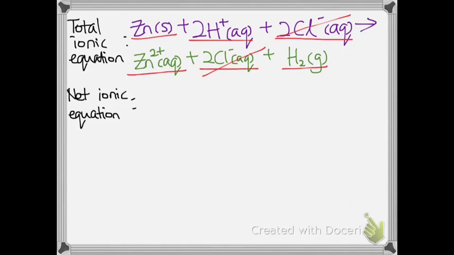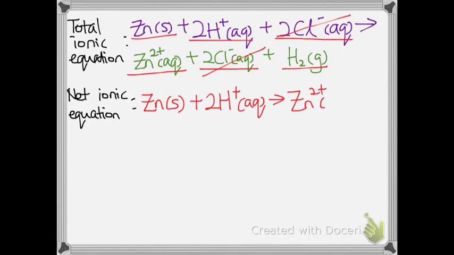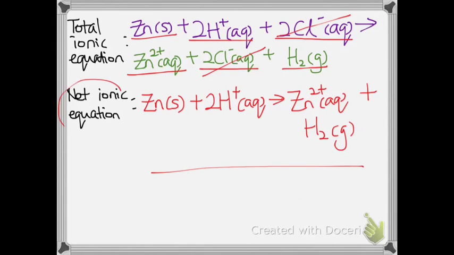And therefore, the net ionic equation is zinc solid reacting with 2H+ ions to give you zinc ions plus hydrogen gas. And this is the net ionic equation for the reaction between zinc and hydrochloric acid.